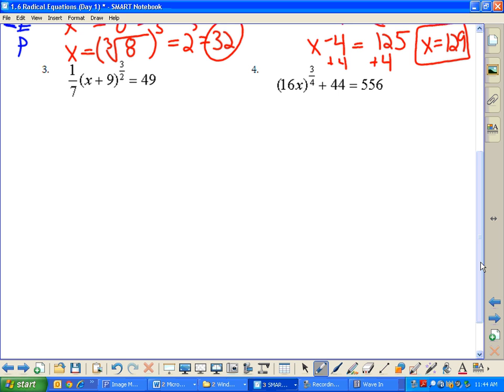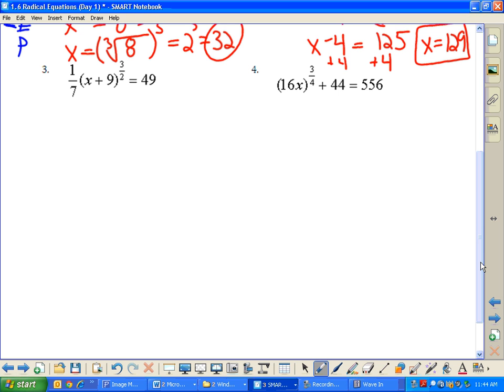So again, going backwards through our order of operations, we have to undo any subtraction or addition that we see in the problem. You can't subtract 9 from both sides right away because that's in parentheses, so you got to wait. Next, I'm going to undo any multiplication or division I see. I see multiplication, do you? Yeah, 1/7.